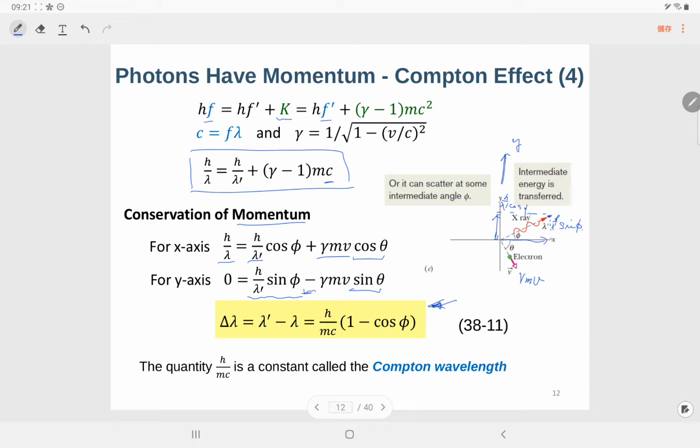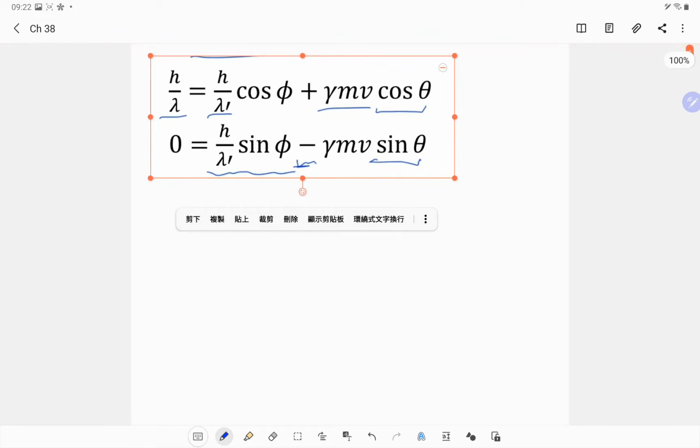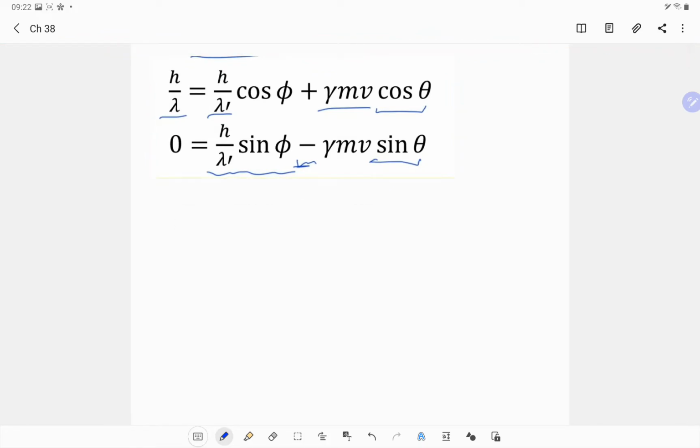So this one we should have a negative sign. Actually, we can use these two to derive this one. So I will try to show it. Okay, so actually we have like this.